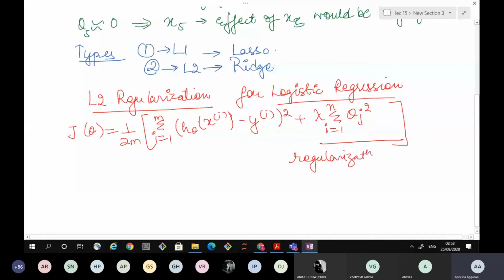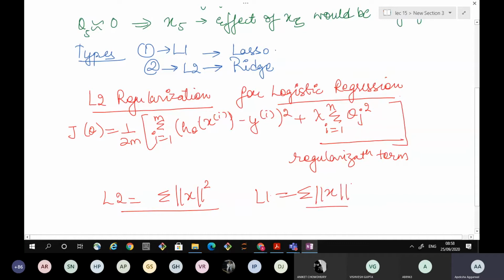Now, why is this called L2? We have already seen that the L2 norm is (x minus y) square. Whenever I want to calculate the distance from point 0, 0, it is something like x square. This is the L2 norm. We have studied that L1 is the sum of the absolute values of x, so this is the L1 norm.